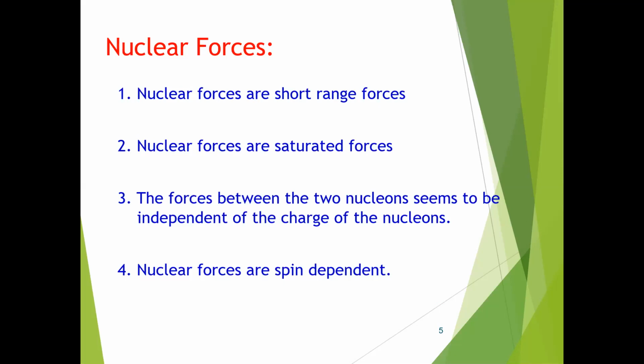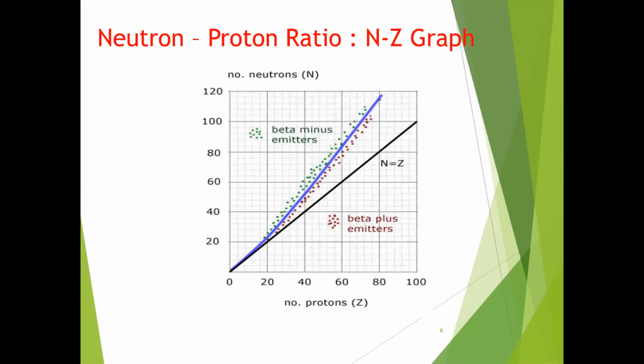There is a transfer of pi meson from proton to neutron, so that protons and neutrons convert by giving or taking a pi meson from one to another, and this is responsible for the nuclear forces. Now we will discuss the neutron proton ratio.